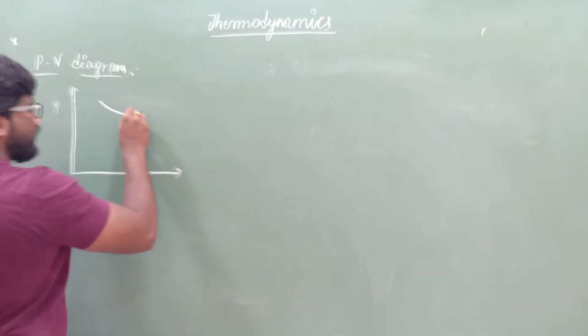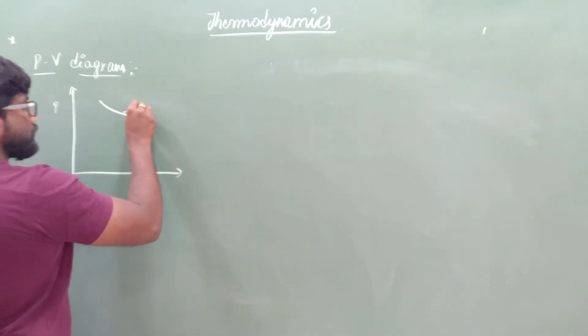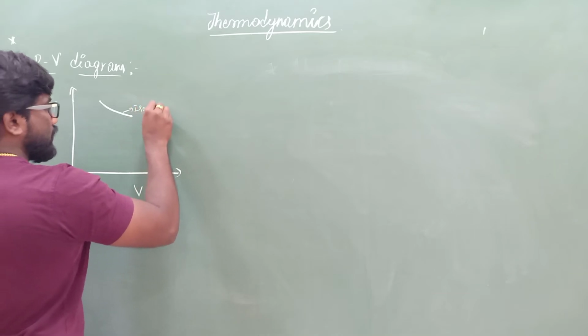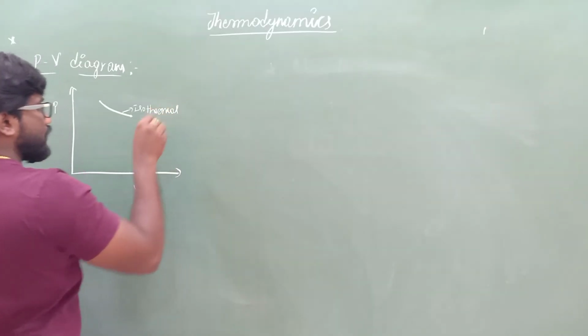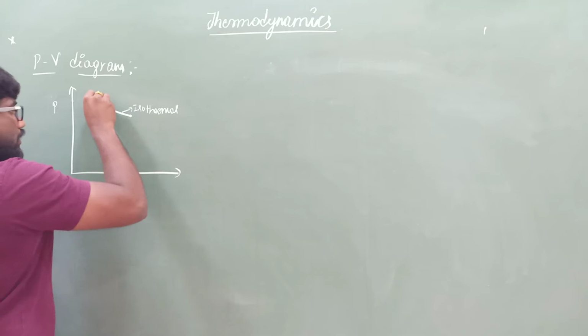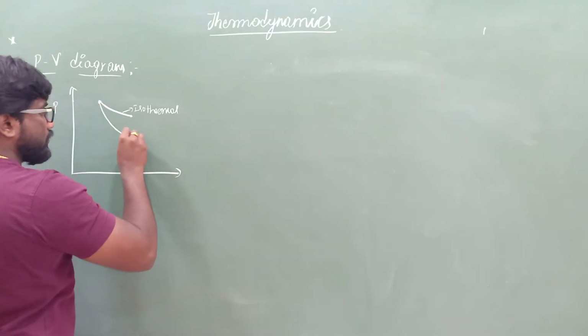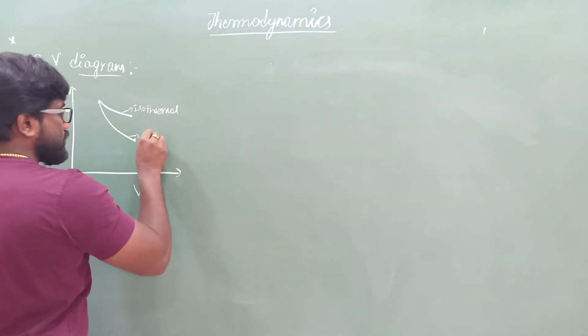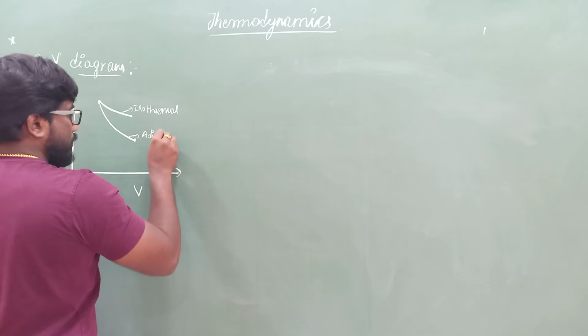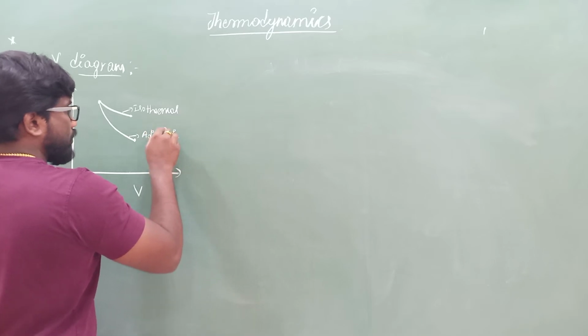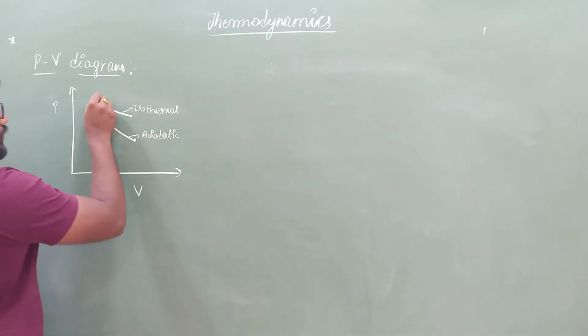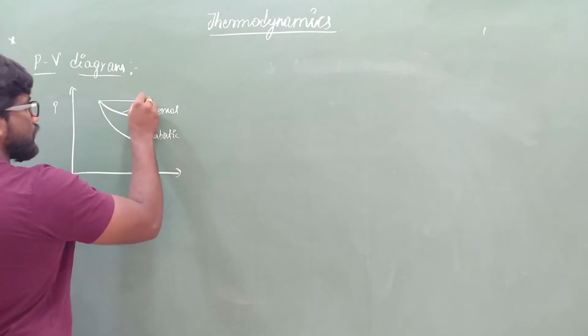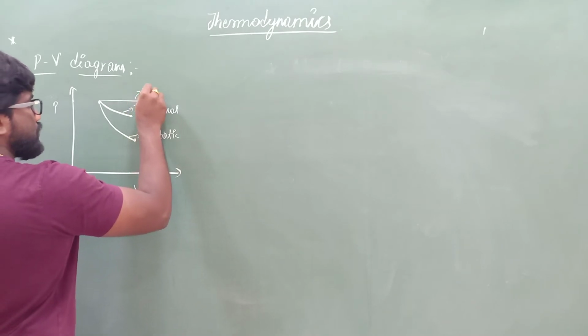This is for what? Isothermal process. Next, this is for what? Adiabatic process. Next one, this is for what? Isobaric process.